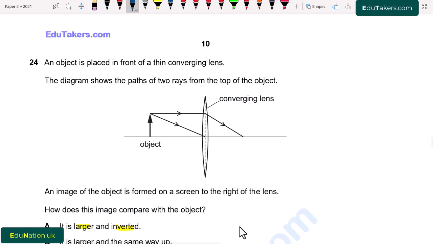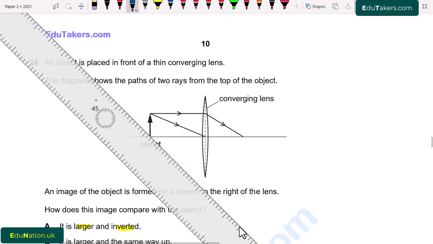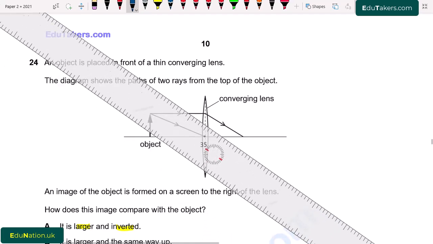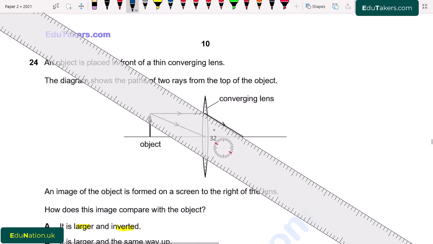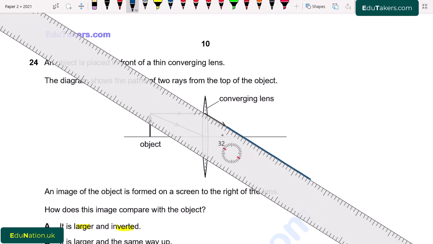First of all, I am going to use the ruler and then extend this ray.